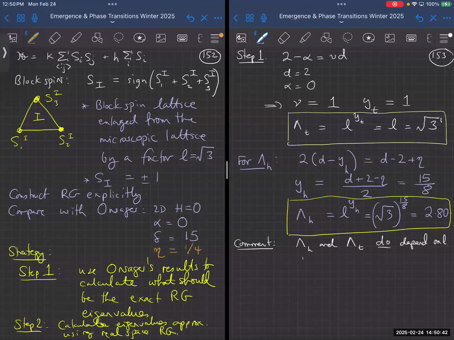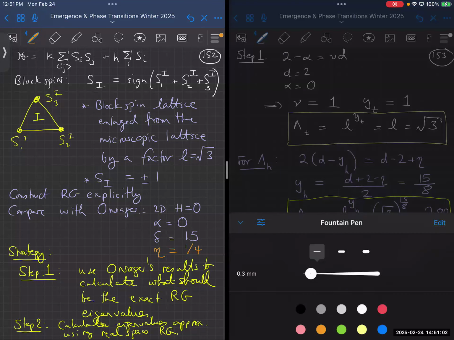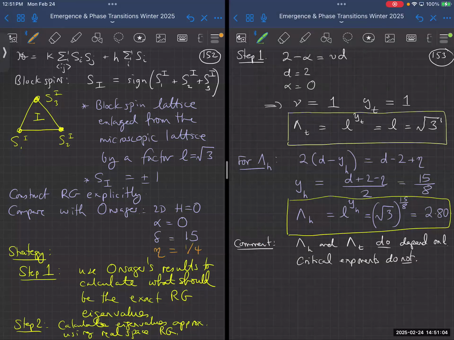But the critical exponents do not depend on L. Okay, so now let's go ahead and do step 2. And in step 2, what we're going to do is literally construct the block spins.